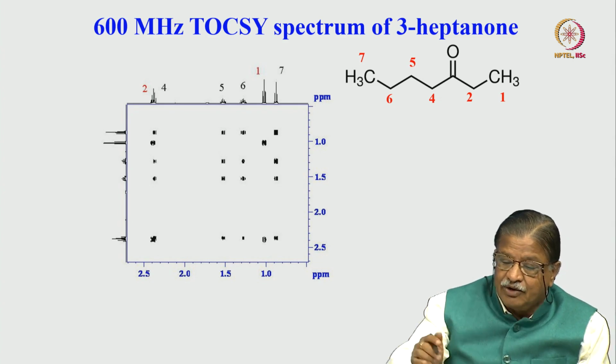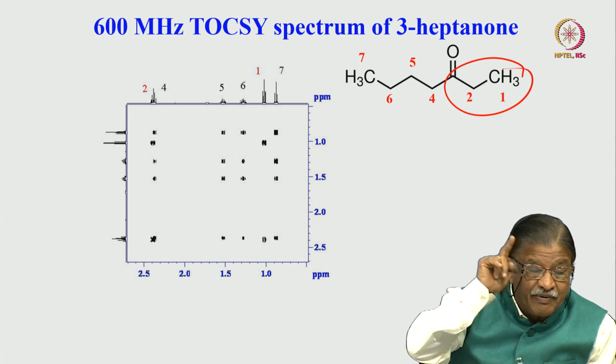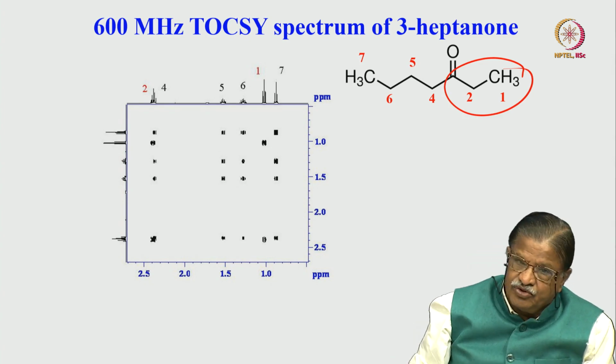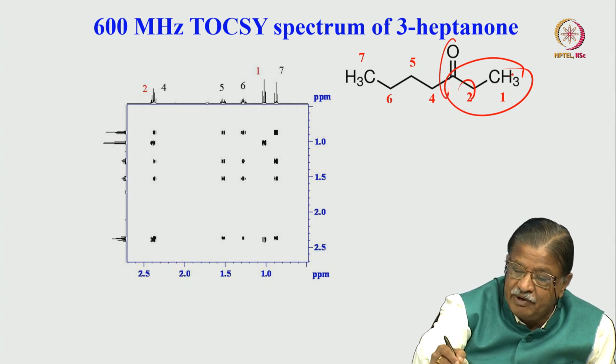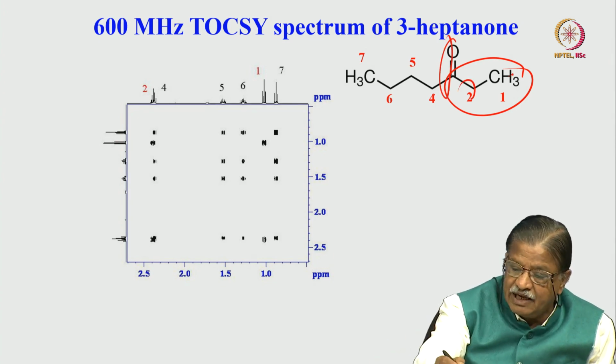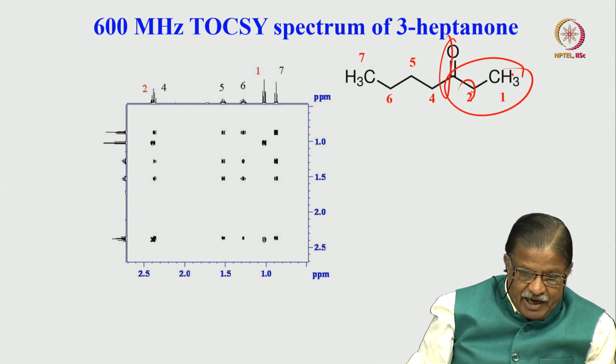What is the coupling here? I told you there are two spin systems here. Remember, we analyzed the 1D NMR of this, also the COSY of this one. And CH3 is coupled to CH2, and in between there is another group, and this and this are not coupled. So there is a breakage in the coupling.